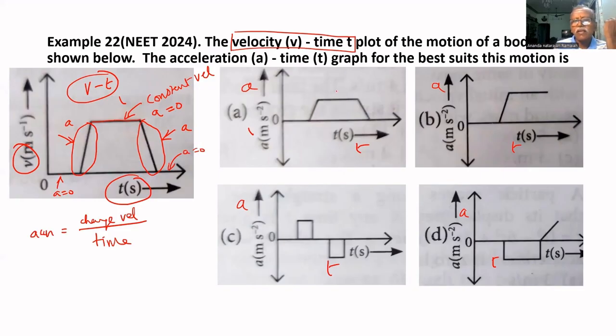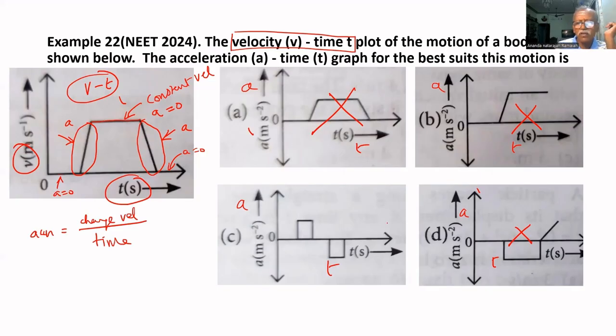So here in the middle, some acceleration is given. That's why we have to remove this. Here also in the middle, acceleration is there. That is also wrong. Here retardation is given, opposite acceleration. Anyhow, it will not exist.